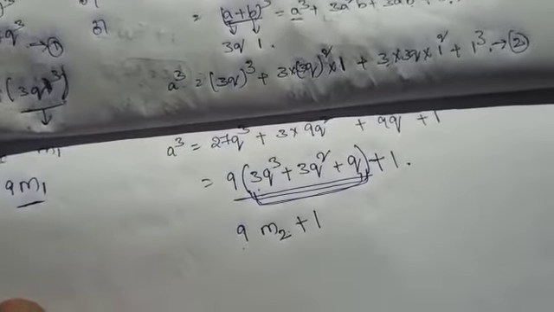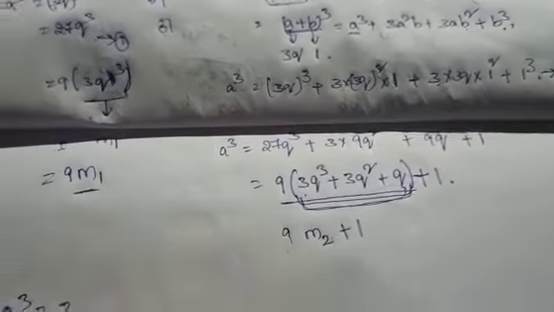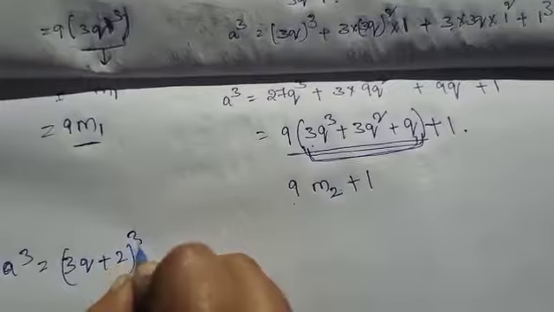Equation 3: a cube equals 3q plus 2 whole cube.